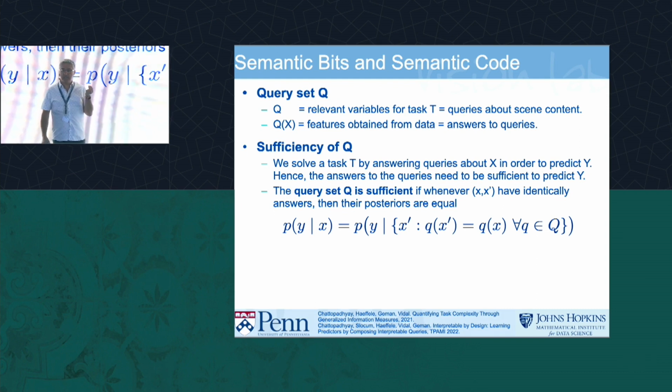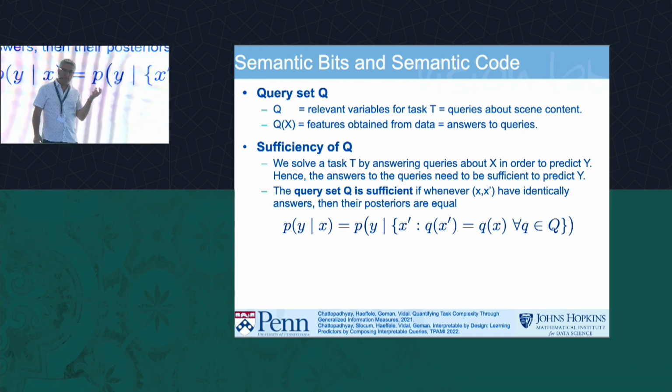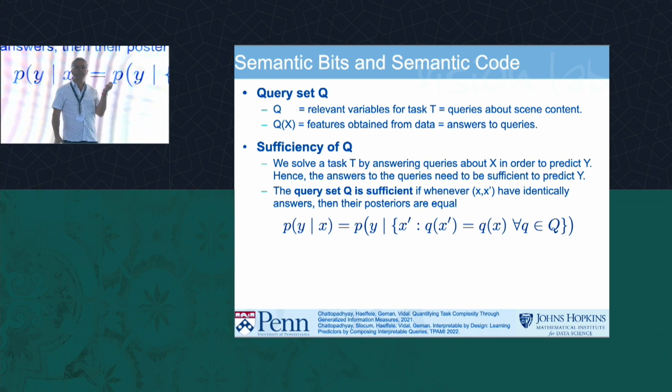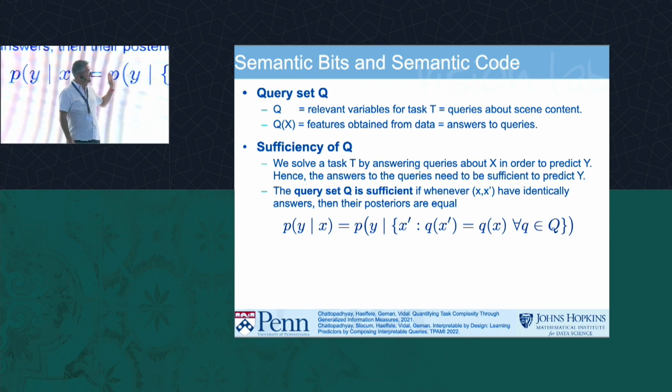So again, when I'm trying to classify a bird, I don't need the image of the bird. I just need a small number of attributes for the bird, and those are sufficient for predicting y. And this is just captured mathematically by saying that P of y given x is the same as P of y given the set of all answers to queries about x.